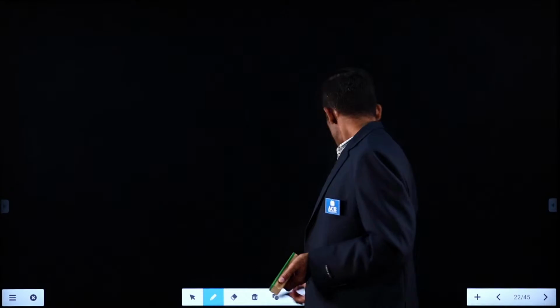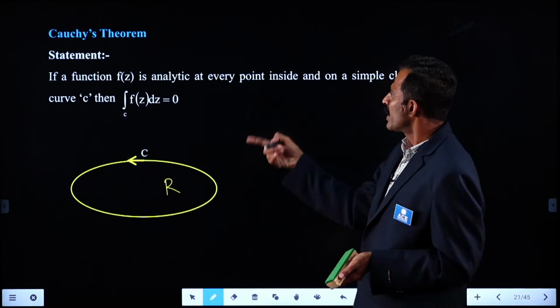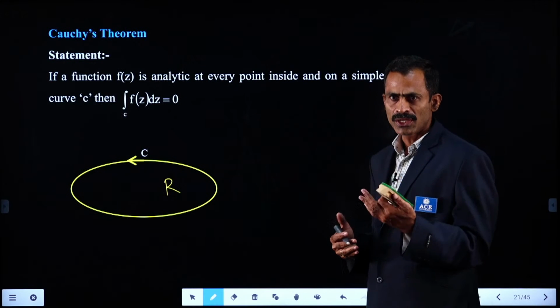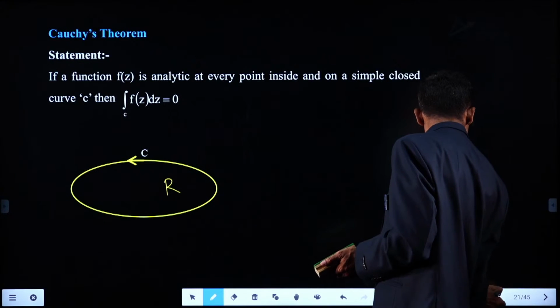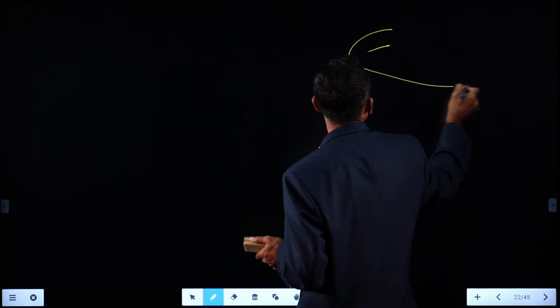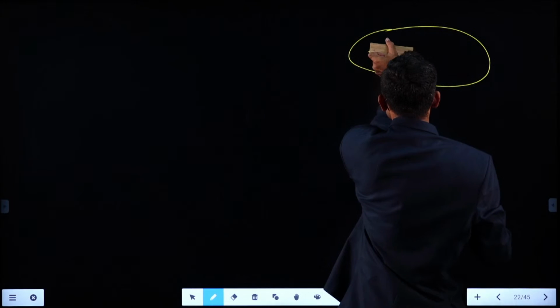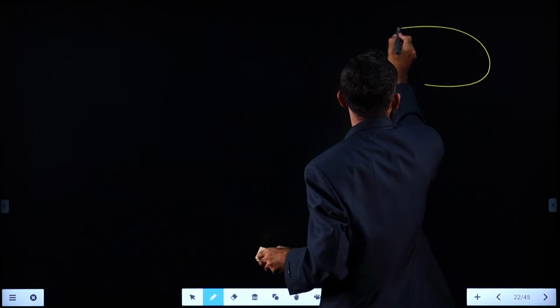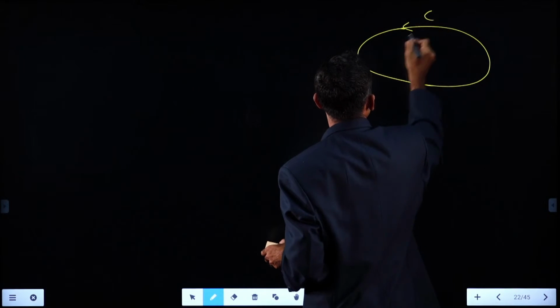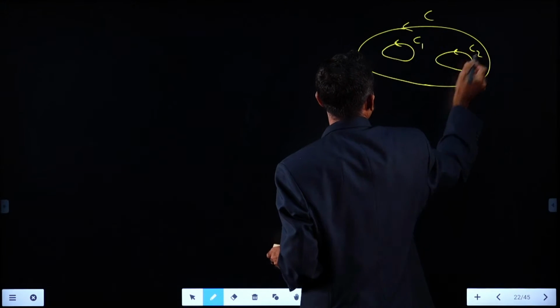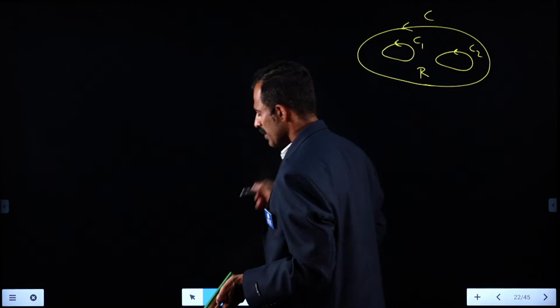And we extend the same theorem for multiply connected regions also. Here we have written the theorem for a simply connected region only. We can extend this same theorem for multiply connected regions. C, C1, C2, the region is a multiply connected region.